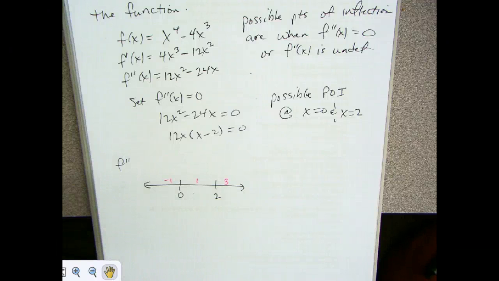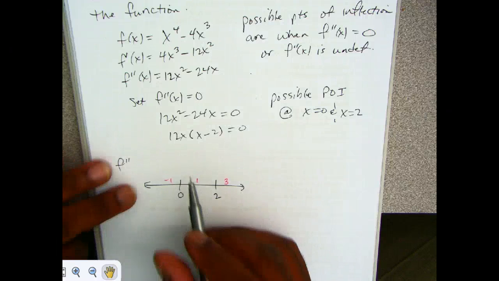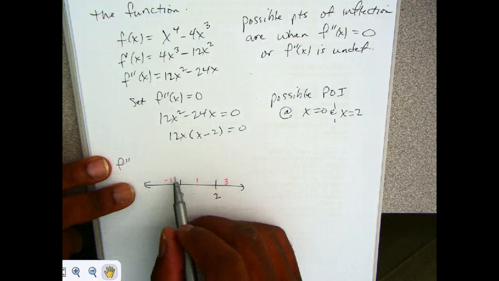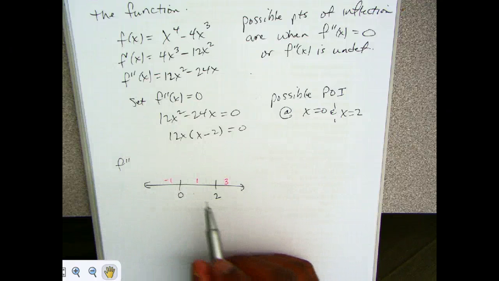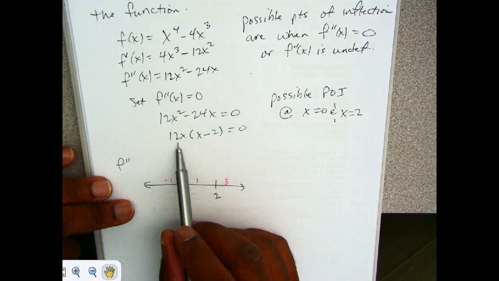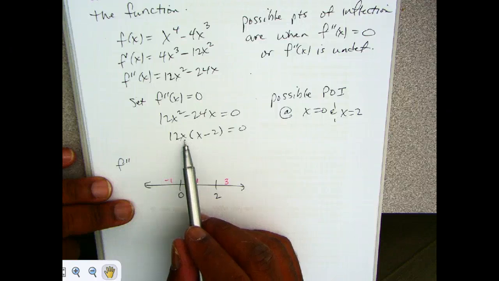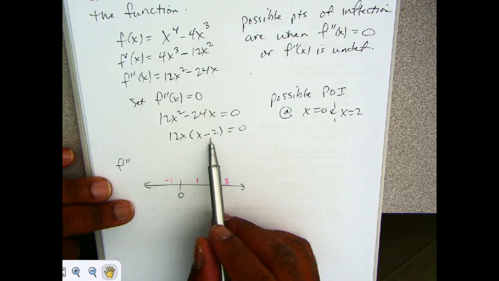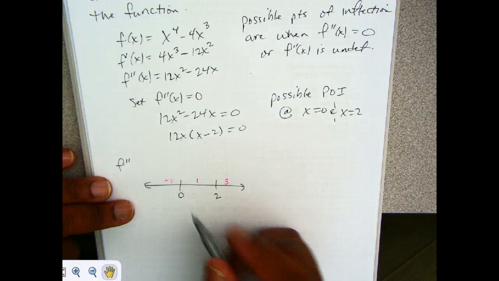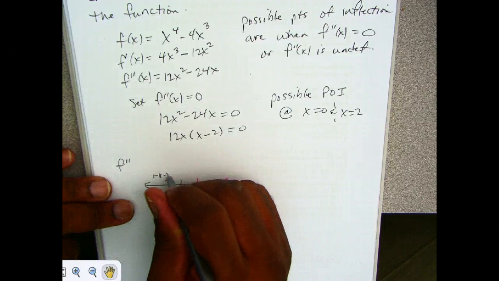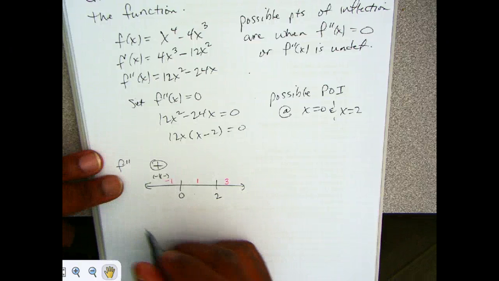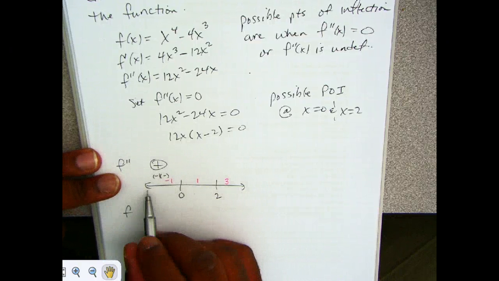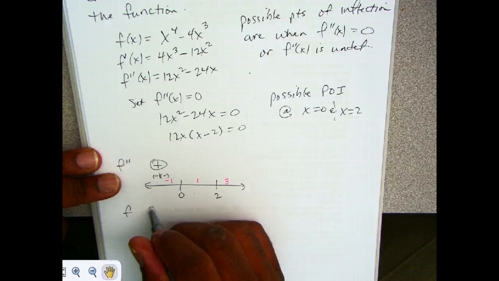So f double prime of -1, we plug this into the second derivative. We already have it factored here, and all we're looking for is whether it's positive or negative. At -1, 12 times -1 is a negative. -1 minus 2 is a negative. So we get a negative times a negative, so that is a positive. So from -infinity to 0, f is concave up.